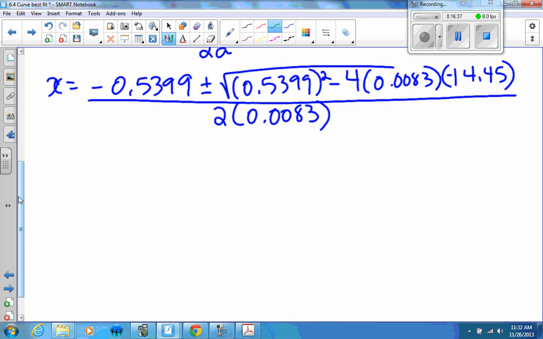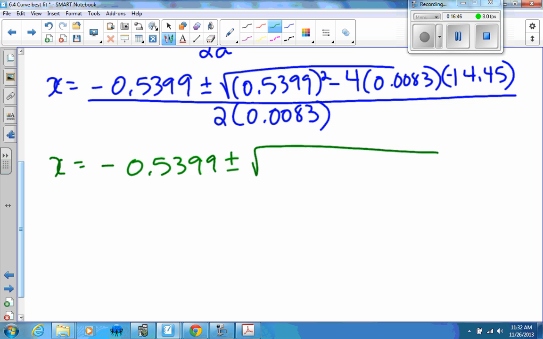So I'm going to go x equals negative 0.5399 plus or minus the square root. So if I take the square of 0.5399, I get 0.2915. A negative times a positive is still a negative, times another negative makes this a positive.